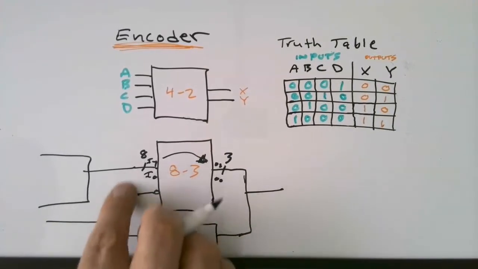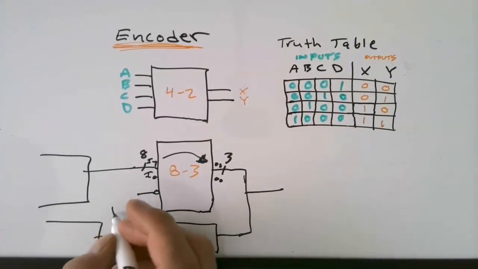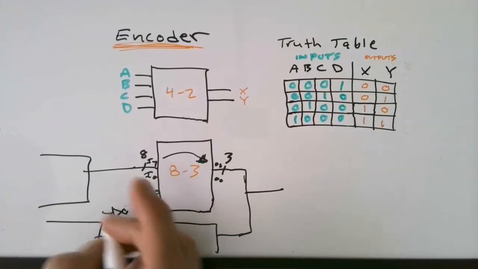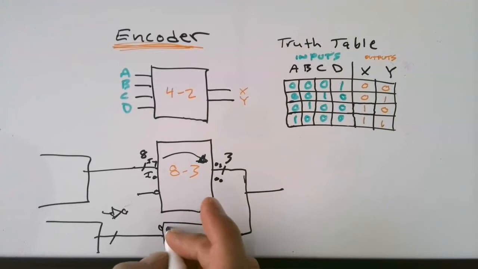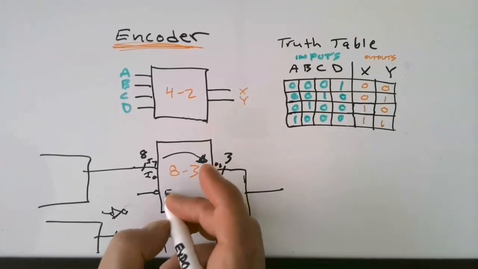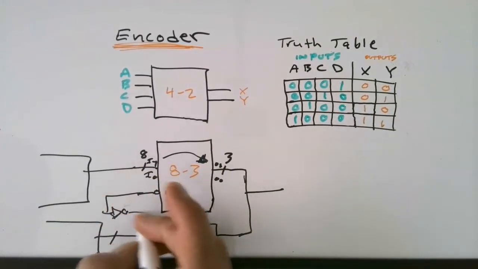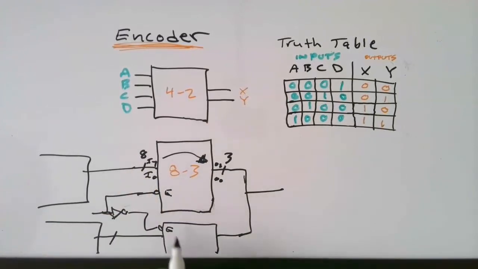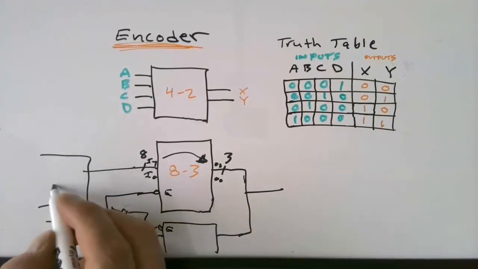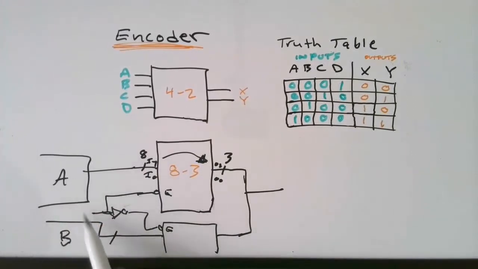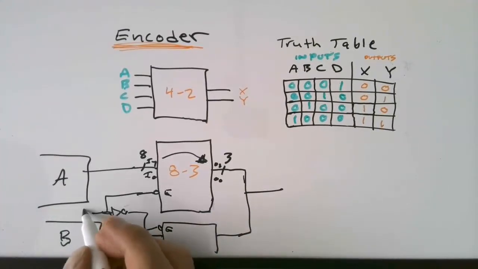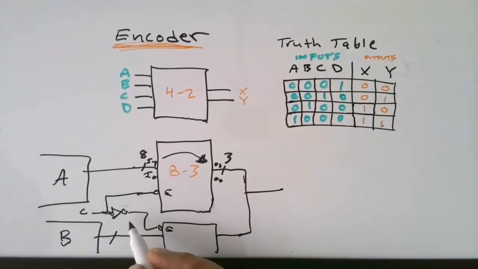And then what we could do is, if we used an inverter here, this is getting a little complicated, but if we had an enable here and an enable here, we could have a way of selecting which of these devices, in this case I'll call it A and B, which of these data sets are being routed to the output, depending on whether this control input here is high or low.